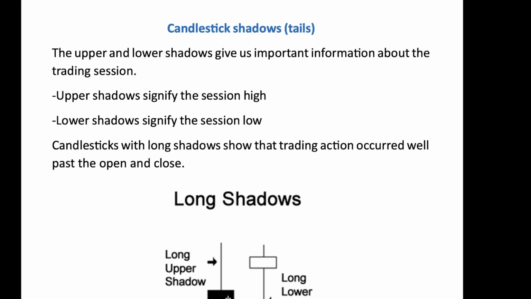So now I understand that the sellers are dominant over the buyers. As long as the wick gets longer, it means the sellers or the buyers are that much more dominant for our candlestick.